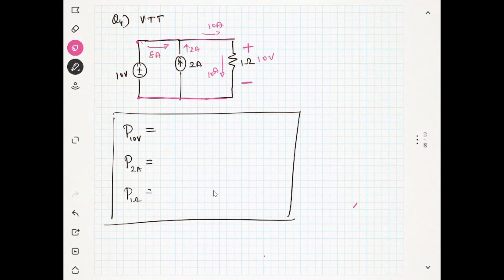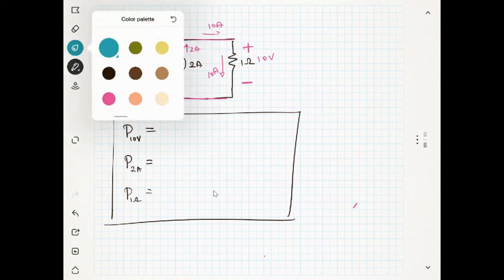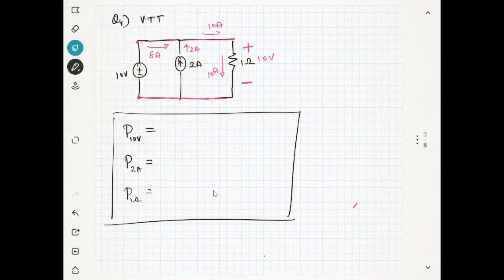Okay, we will see the power calculation. You can see here this current is entering the negative terminal because this is negative. So it will be 10 volt multiplied by 8 ampere, which is equal to 80 watts. Is it delivering or absorbing the power?